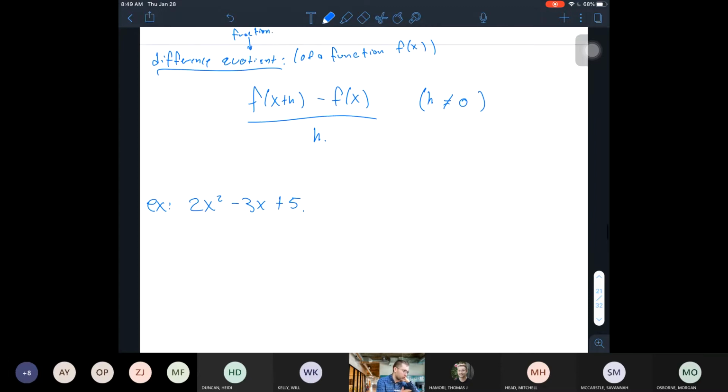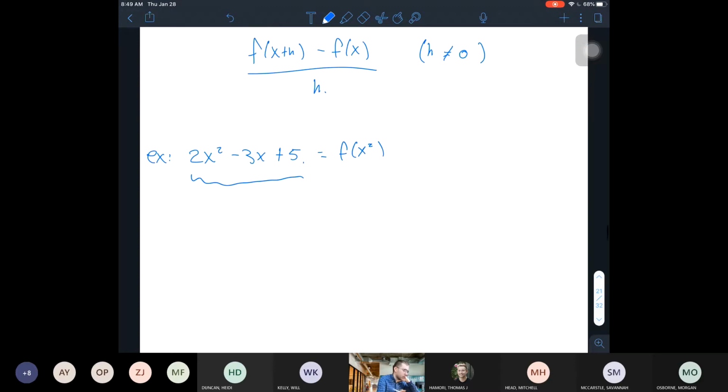So for example, we could try to find the difference quotient of this function, f of x equals 2x squared minus 3x plus 5, and all we would do is just plug in x plus h.